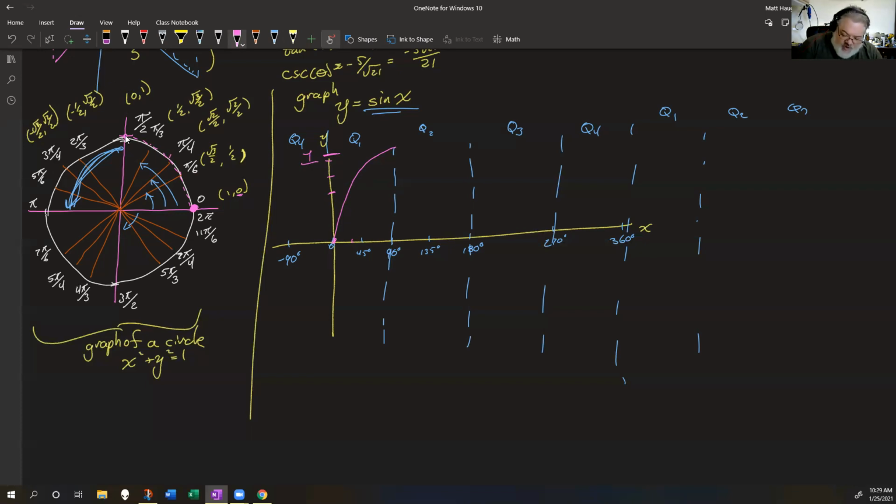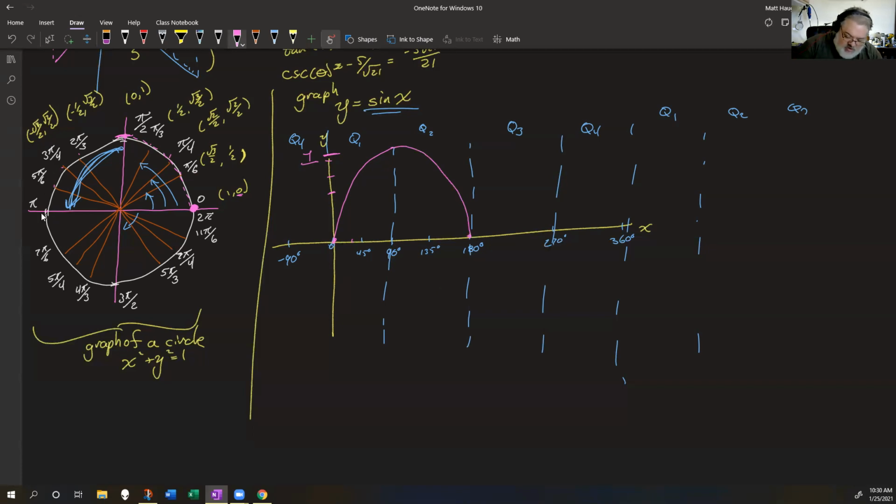Well, then what happens to the y values? The y values go back down. Square root of 3 over 2, square root of 2 over 2, 1/2, 0. So in quadrant 2, whether it's in degrees or radians, it drops back down to 0. Well, then what happens?